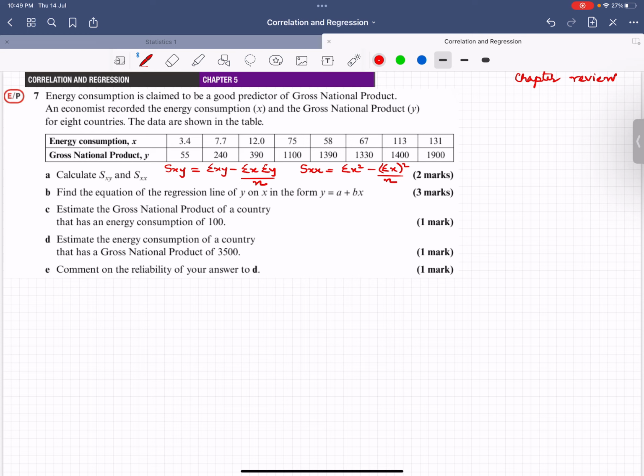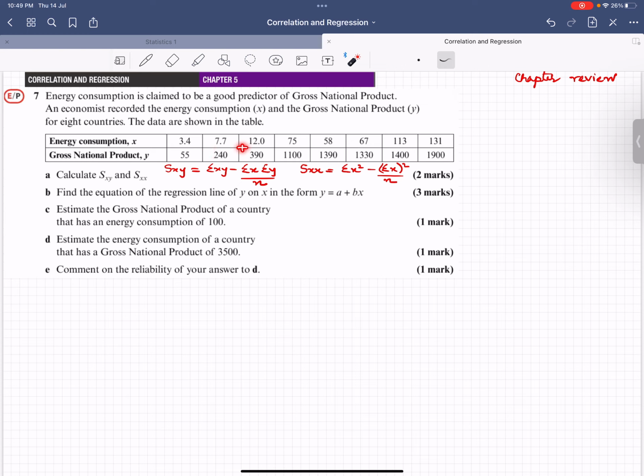Now there are a lot of calculations we need to do. We'll start with calculating sigma XY. So for sigma XY, we have X value multiplied by Y value. So we have 3.4 into 55. Then we add to it 7.7 into 240.